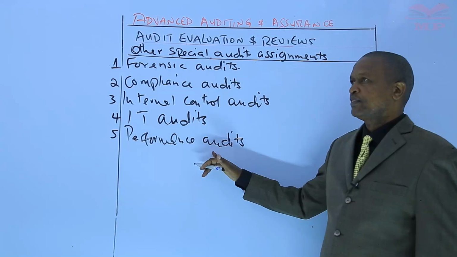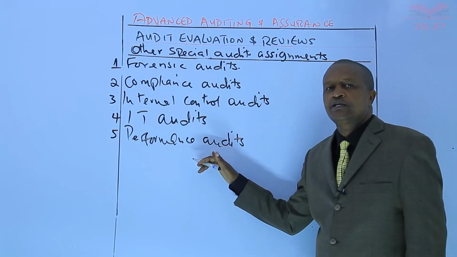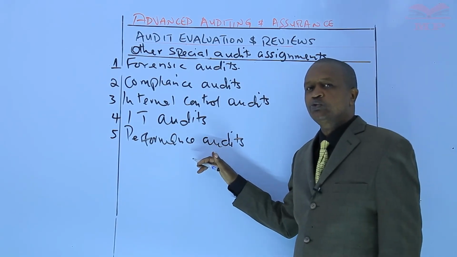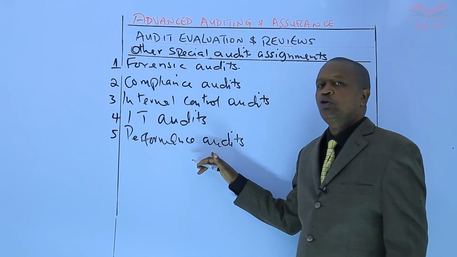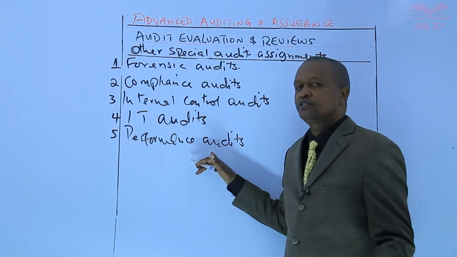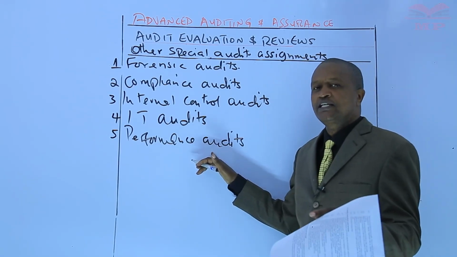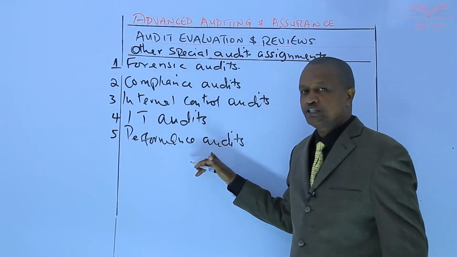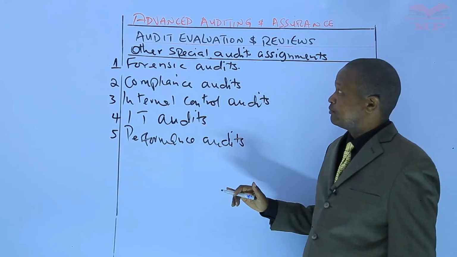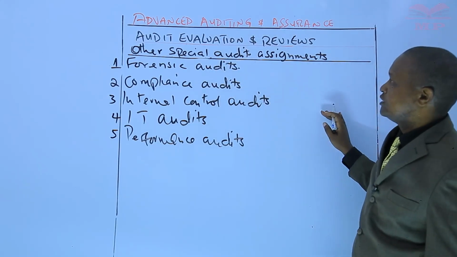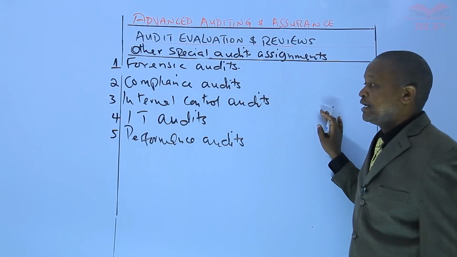These audits evaluate whether resources are being used optimally, whether objectives are being achieved, and whether there is compliance with relevant policies and regulations. Performance audit is another example of a special audit that may be carried out by an auditor.